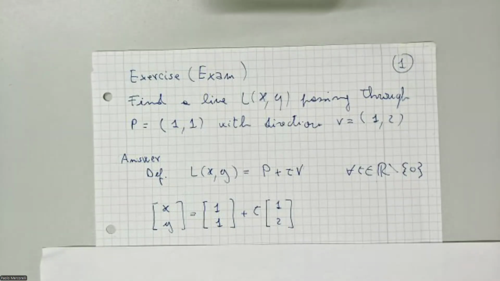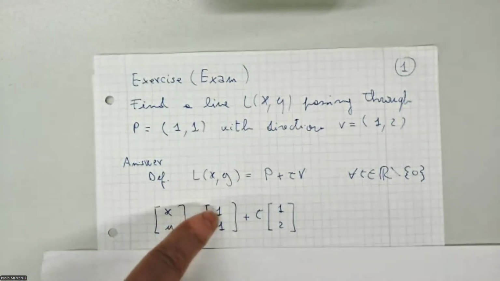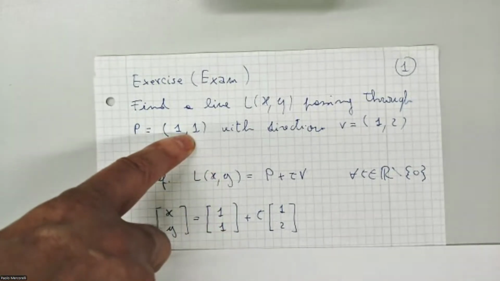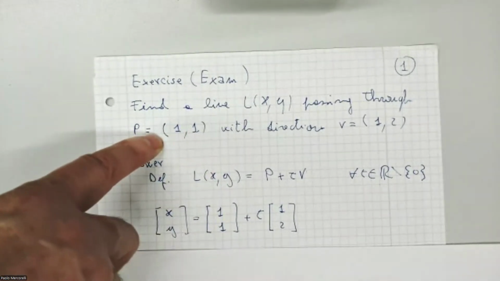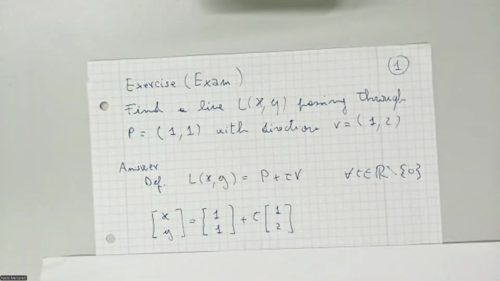Basically, in the line, try to figure out, it can be seen as a vector, in a direction. It's not on this line, it's in a direction, basically. Equals P, where P is (1, 1). It's easy mathematics.